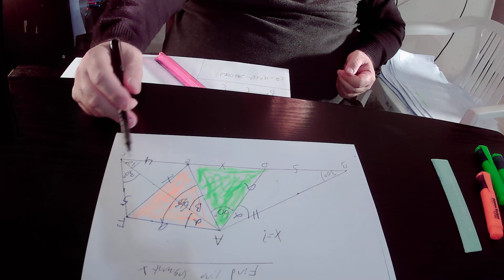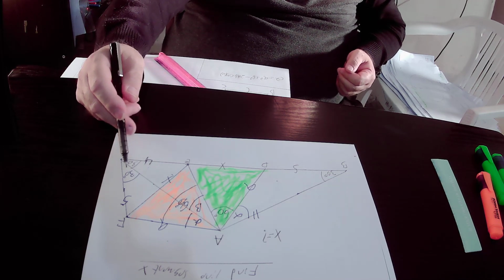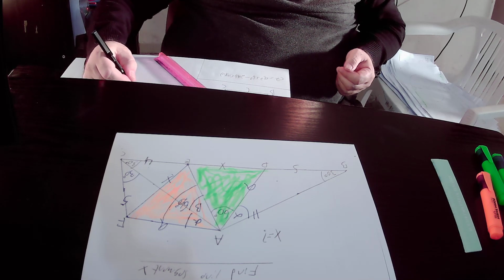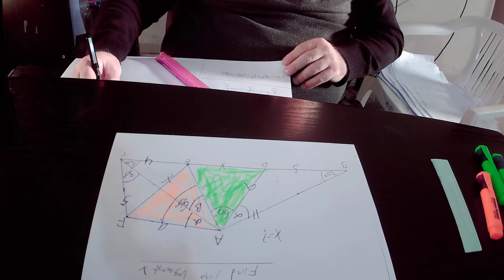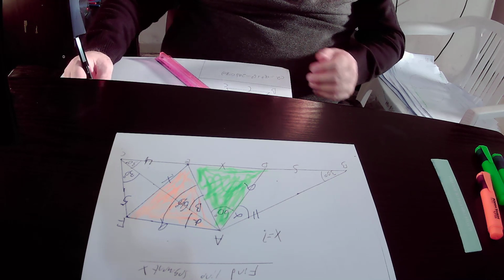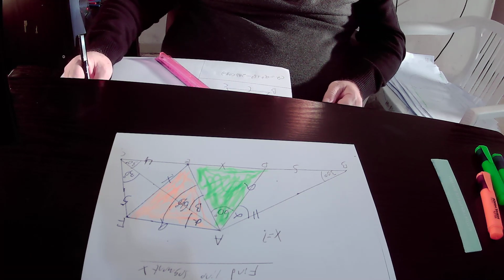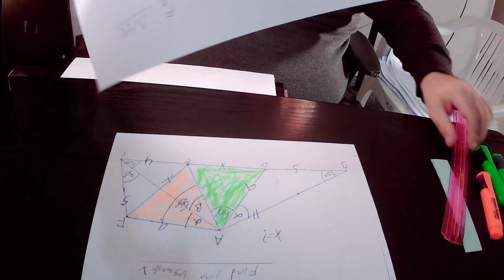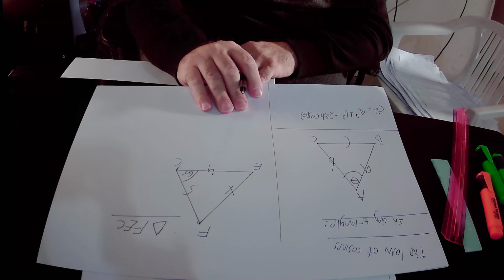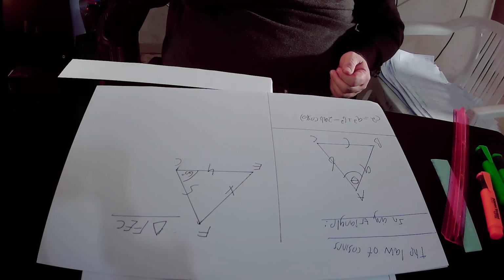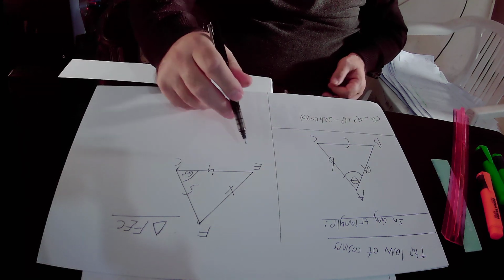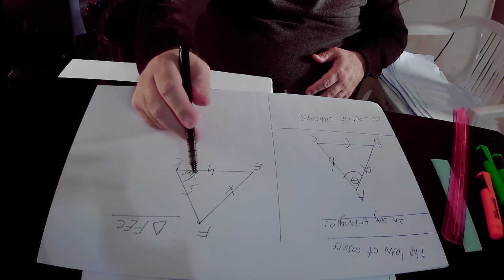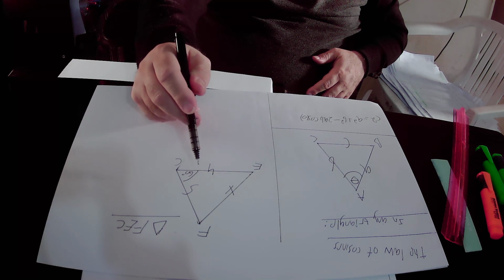This angle ECF equals 30 degrees plus 30 degrees, that is 60 degrees. So this is triangle FEC that I copied from the original drawing. Side EF equals x, side EC equals 4, and side FC equals 5.